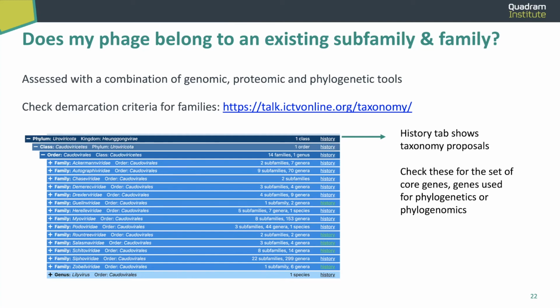Check the taxonomy website and check the history tab here, where you can see all of the proposals. Then you can check for each of these proposals what the criteria were to define these new families, so that you can easily know what marker gene to use if it's similar to yours.